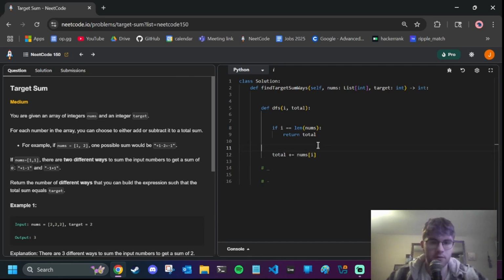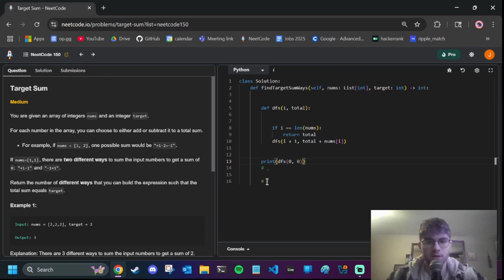So I guess what we could do first is we could call DFS with I plus 1, and then total would be total plus nums of I. So this is if we added it every time. Zero, 0.